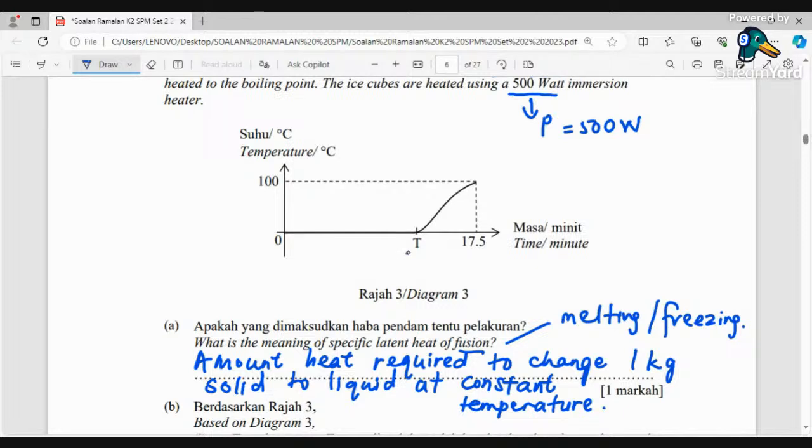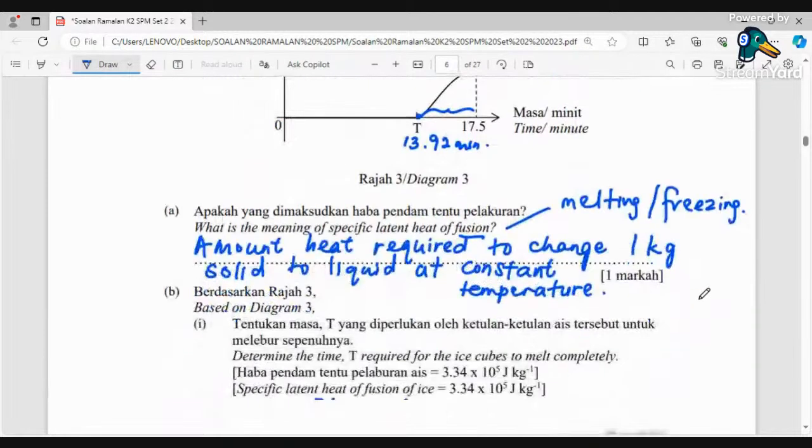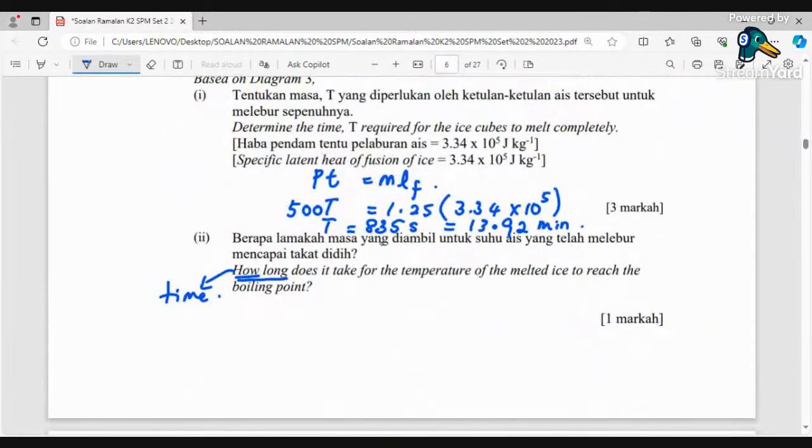Ini ialah tadi 13.92 minit. Itu tujuan kita tukar minit tadi ya, sebab graf dalam minit. Okay, dari sini sampai sini, change in temperature is 100 degrees Celsius. Okay, so the time taken ialah ini. Okay, time taken ialah itu. Berapa? Okay, so how long the time taken?